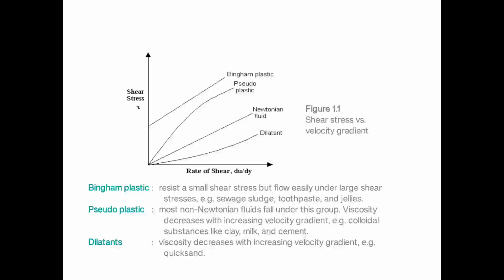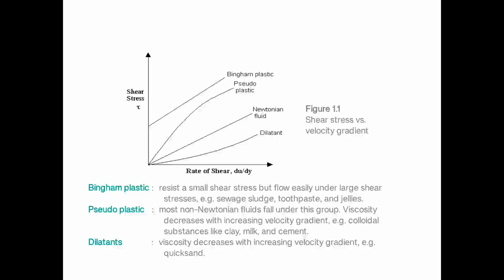Got it? These are good examples to understand pseudoplasticity, which means most of the colloidal substances where the solids are suspended in a huge volume of liquids cover the examples for this pseudoplastic.